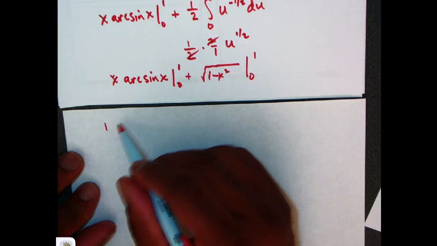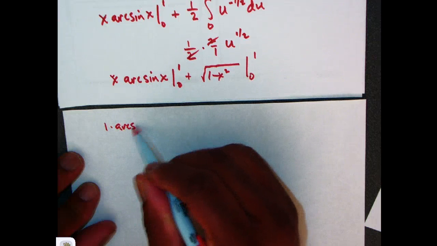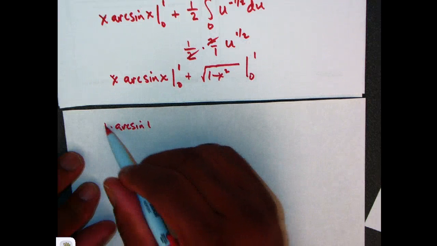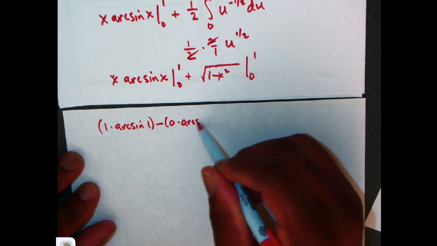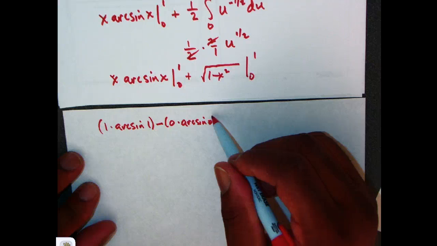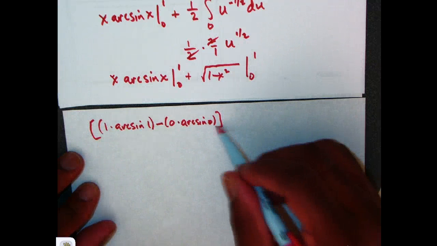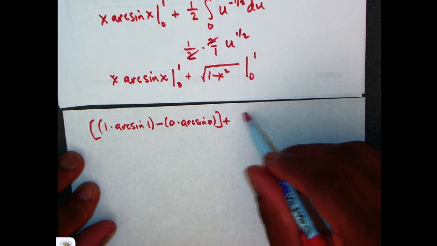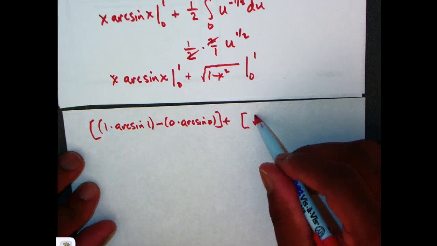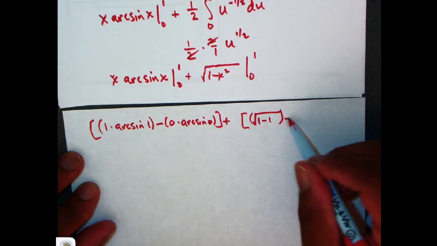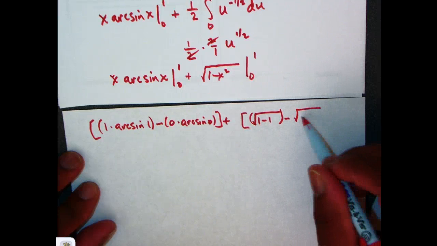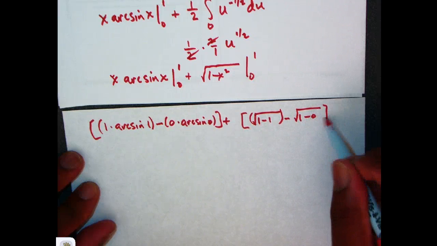Okay, substituting in our value, so that's 1 times arc sine of 1 minus 0 times arc sine of 0 plus, then we get the square root of 1 minus 1 minus the square root of 1 minus 0.